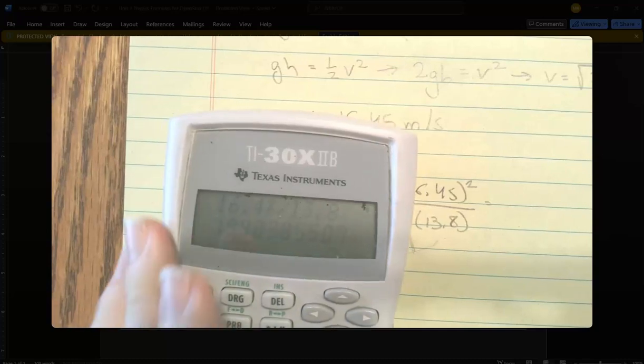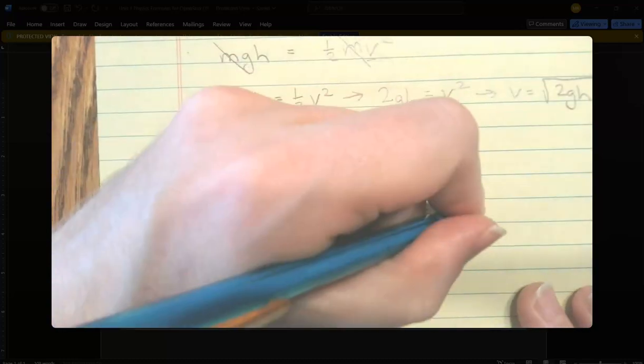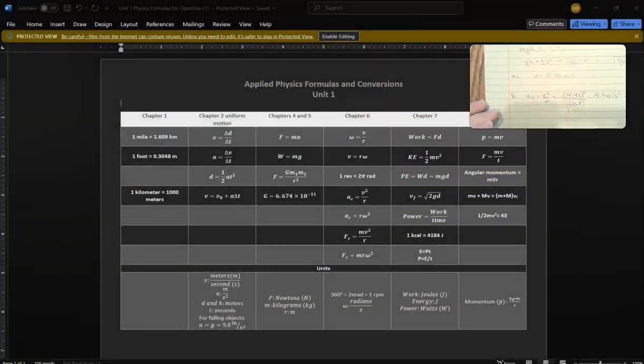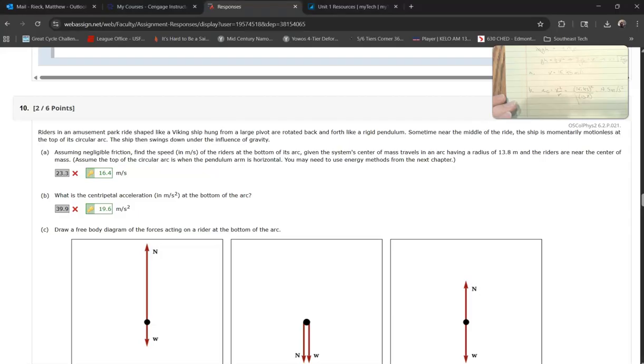And that gets me 19.5 meters per second squared. All right. So again, they get 19.6. Again, it's fairly comparable. Let's see what would happen if I use the 16.45. All right, 16.4 squared divided by 13.8. Yeah, I ended up with 19.6.